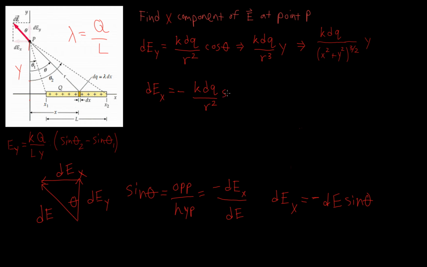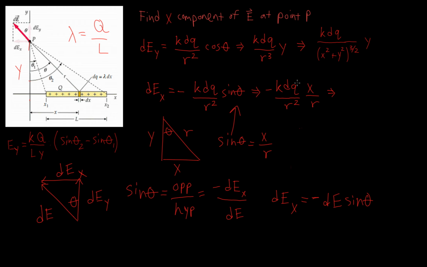And that's multiplied by the sine of theta, and we would just get x divided by r. And remember, this is just equal to a very small amount of electric field that points in the x direction at point P. And it's negative because it points in the left direction.